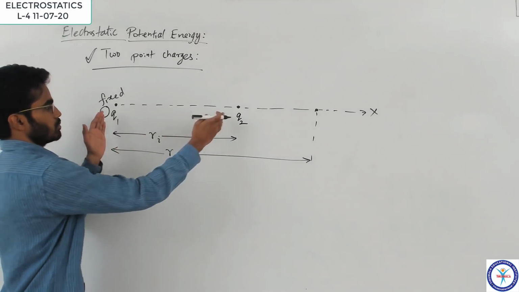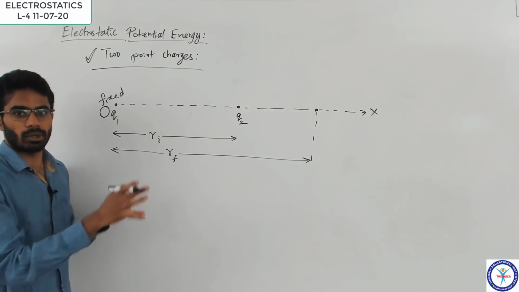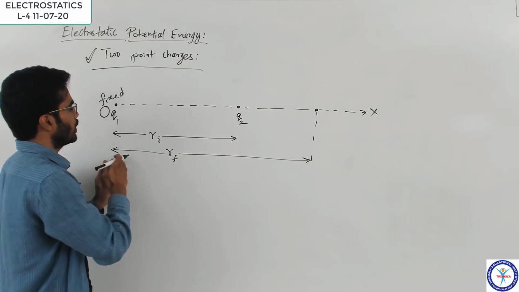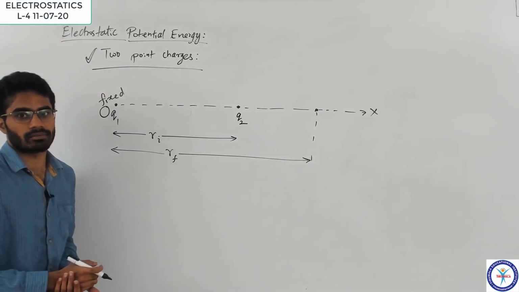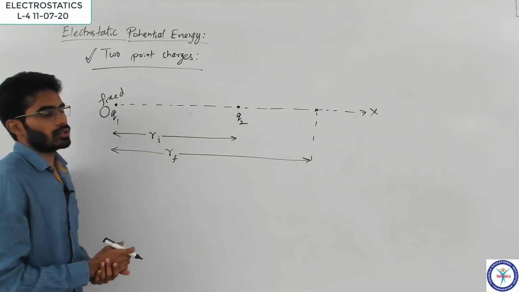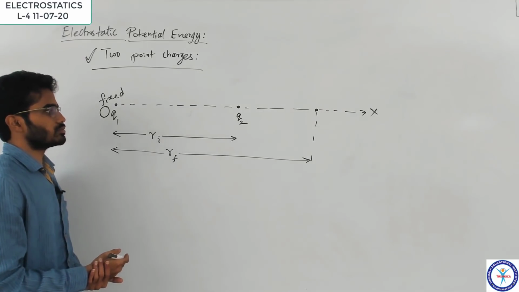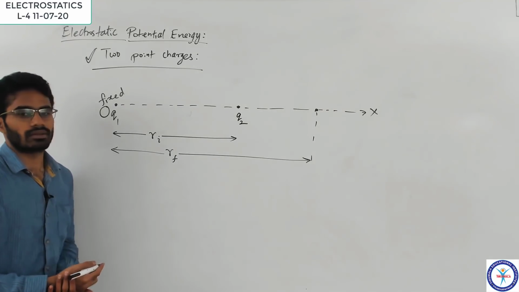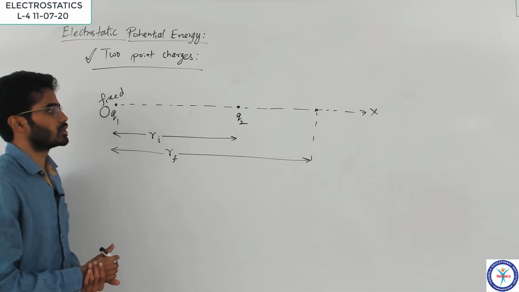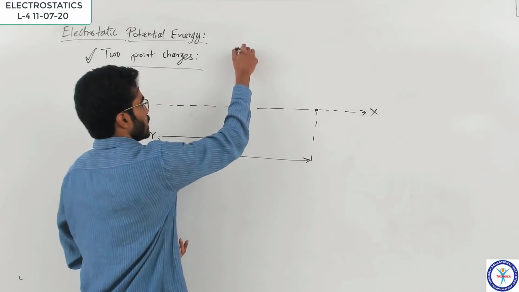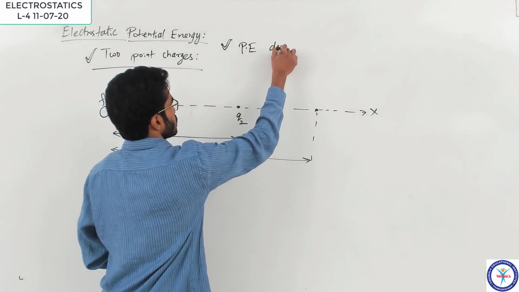So when the system is Ri apart, it has a certain potential energy. When it is far away, it might have a different potential energy. The potential energy might change. The electrostatic force is also a conservative force. So here we have potential energy related with the system, because this potential energy depends on the configuration of the system.